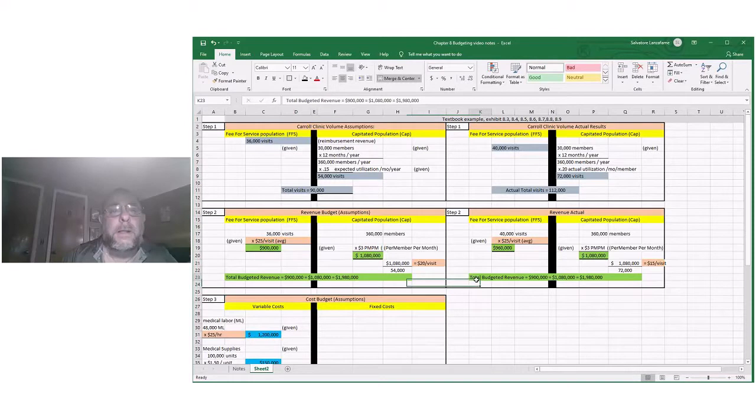So if I go and calculate the total actual revenue, instead of 900,000 that I was expecting, I'm now getting 960,000. Still getting 1,080,000. So that brings up our actual revenue to 2,040,000.